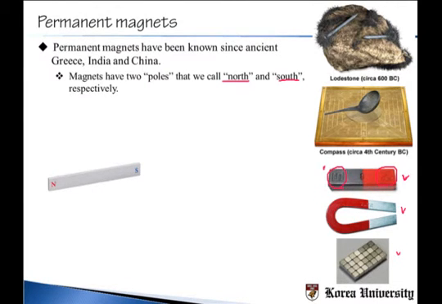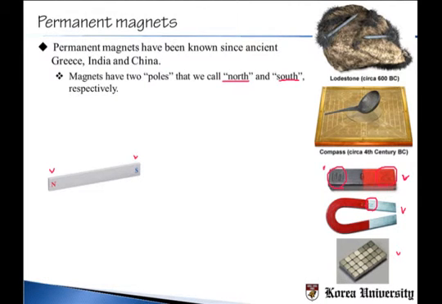Okay, and then here, in small letters, is written N, right? Probably this part is also a North Pole in the case of the horseshoe magnet. So typically we will use the red color for the North Pole and blue color for the South Pole.